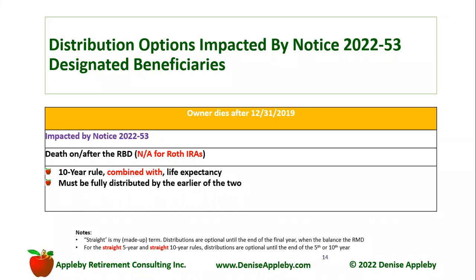In response to that, the IRS issued Notice 2022-53 and pretty much said, listen, we messed up. Because of that, anyone who's subject to the 10-year rule and is also required to take annual RMDs, we're waiving the 50% excise tax for any RMDs that they didn't take for 2021 and 2022.